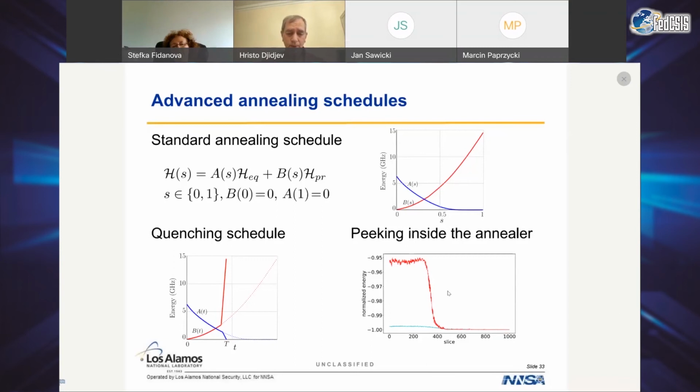and in getting the Hamiltonian. But actually, D-Wave gives a possibility of using quite different and very interesting schedules. So actually, the function that maps the time to the interval 0, 1 doesn't need to be monotonic, doesn't need to be linear.